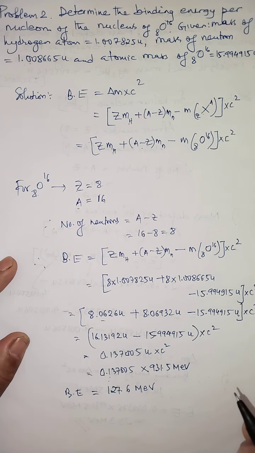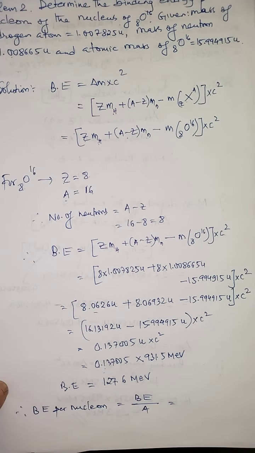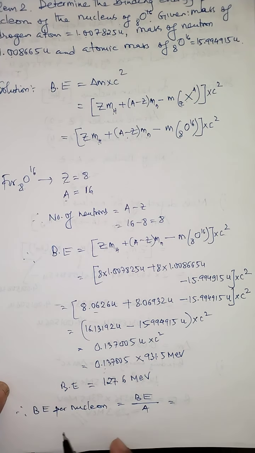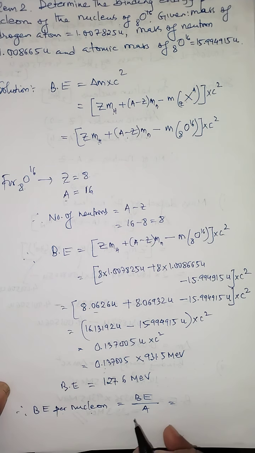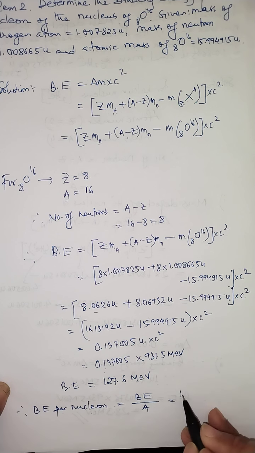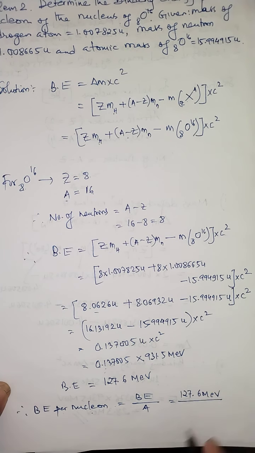But actually we need to find the binding energy per nucleon. And you know, binding energy per nucleon means binding energy divided by the number of nucleons, that is, divided by the mass number. Now let's substitute the values. So the binding energy per nucleon of this ₈O¹⁶ oxygen atom is the binding energy 127.6 mega electron volt, divided by the mass number, which is also the total number of nucleons.